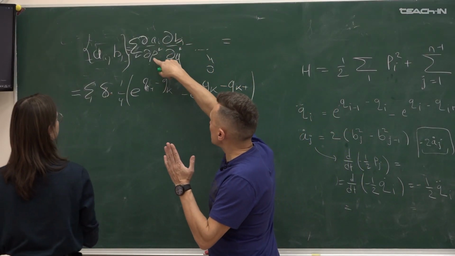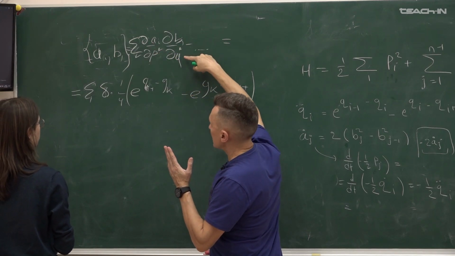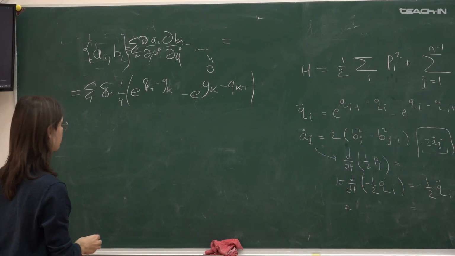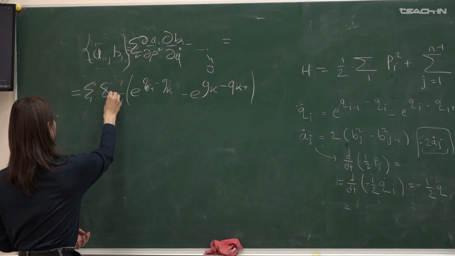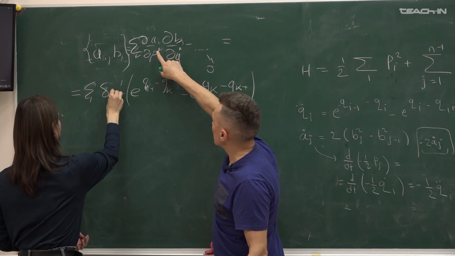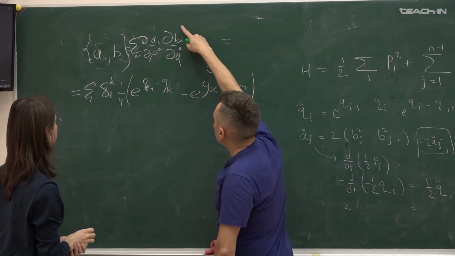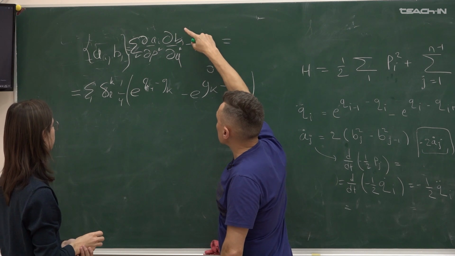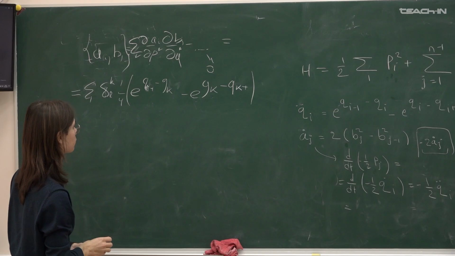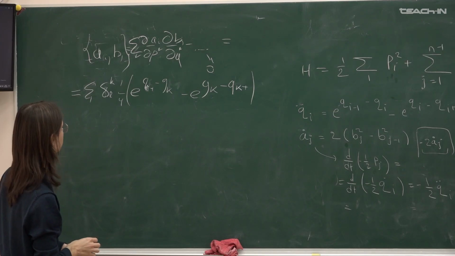You see, you differentiate AI with pk, it should be Kronecker delta simply, and k should be only I. So in this summation, the non-trivial term is only if k is equal to I. And here, this term is non-trivial if k is equal to j, or if k is equal to j plus 1.